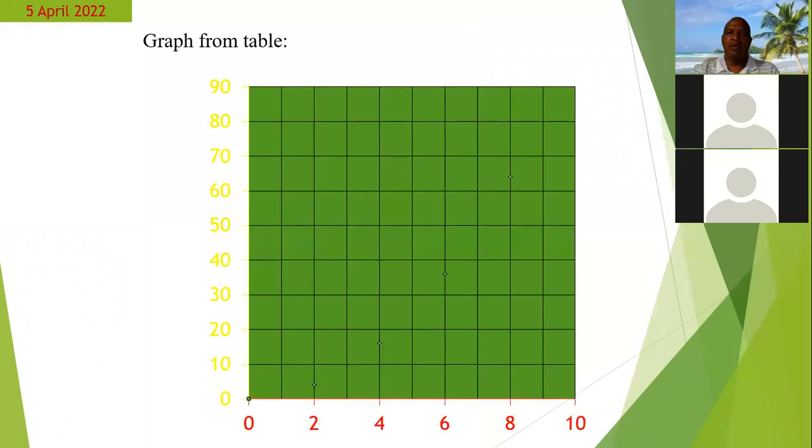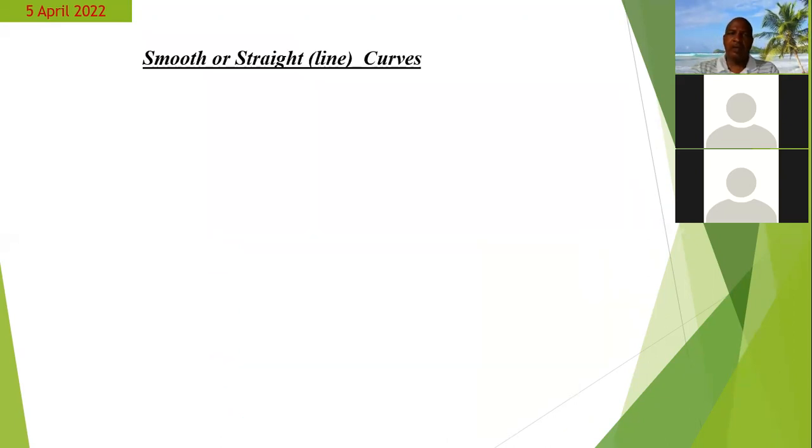All right. So now this is what our curve is supposed to look like from that graph. If you have drawn your graph correctly, you should get a curve looking like that. We're looking now at a smooth curve or a straight line.